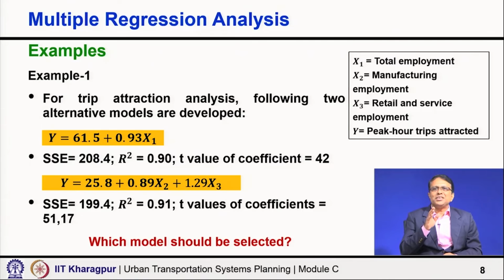Once it is statistically significant, whether the t value is 10 or 50, we are not going to consider that, because it does not make sense to. Both cases are statistically significant. So, we only want to make sure that it is statistically significant. So, 51 and 17, both t values are very high, both are acceptable at the 95% level.